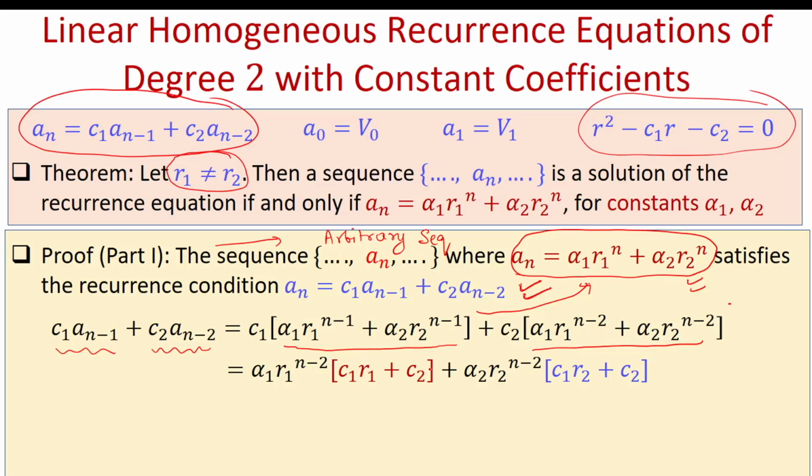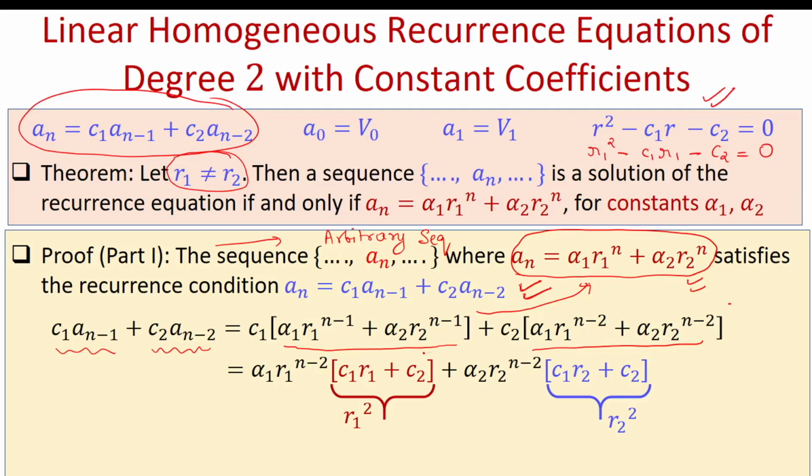And now we are going to utilize the fact that R1 and R2 are the roots of this characteristic equation. That means both R1 as well as R2 satisfy this condition. That means R1 square minus C1 times R1 minus C2 is equal to 0, or in other words, R1 square is C1 times R1 plus C2, right?